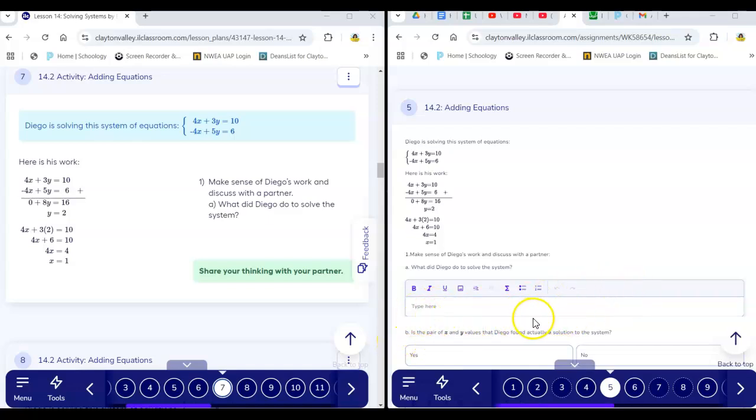You have a question in the student task statements where you get a chance to write that down, type that down. Okay? And then once he got what y was, he was able to solve for x.